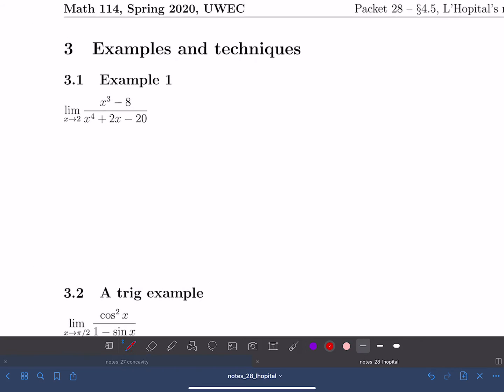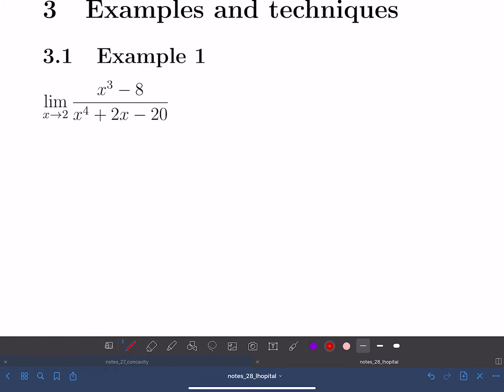So let's start with what I have numbered as example 1. We've got the limit as x approaches 2 of x cubed minus 8 over x to the fourth plus 2x minus 20. I see a limit, and the first thing that I'm going to do is try to substitute. I'm going to plug it in, and I'm going to get 2 cubed minus 8 over 2 to the fourth plus 2 times 2 minus 20.